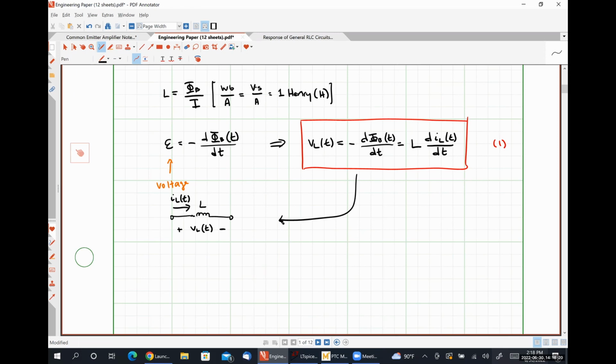Okay. Now, this equation is very interesting because it actually tells us two very important things about how an inductor behaves. So let's address the first one.